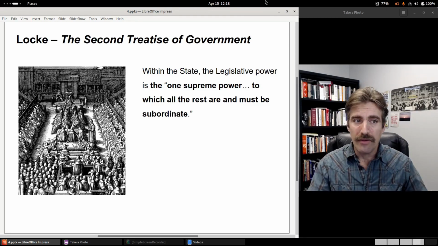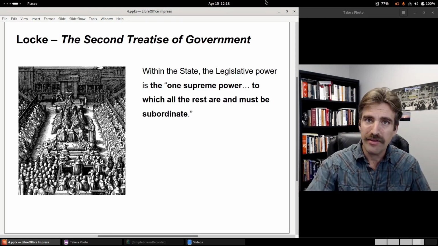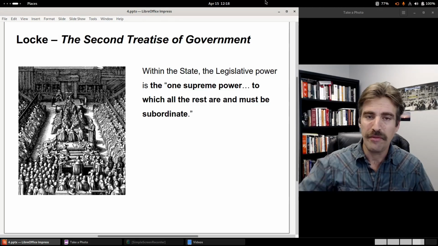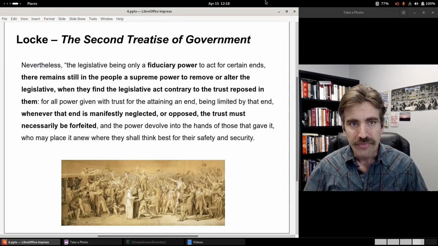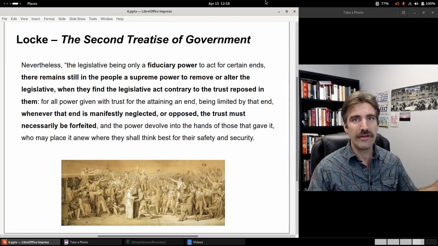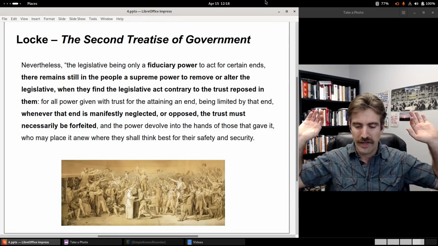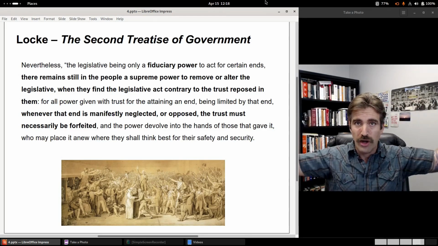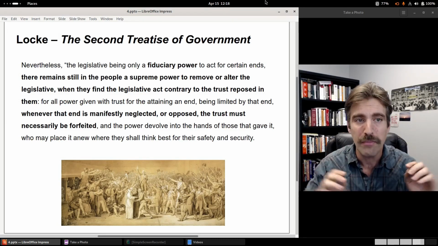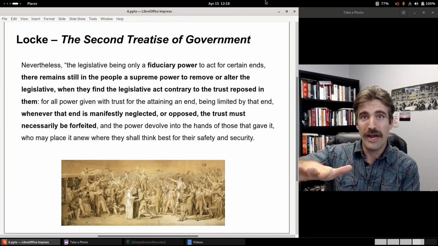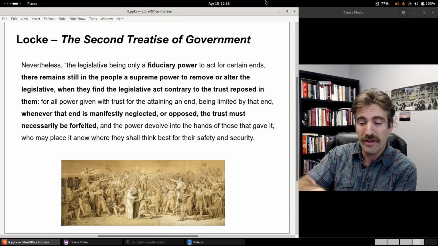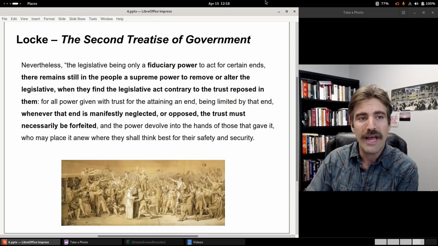Locke, in like manner, places within the government the legislative power as supreme. Nevertheless, legislative power is subordinate to natural law, and the legislative power is also subordinate to the people. The people are a power that is above that of the legislative power.